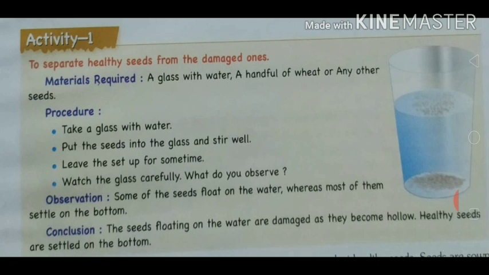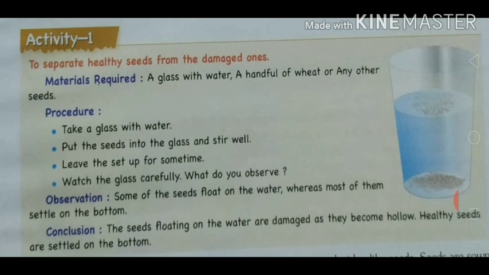Put all the seeds in a bucket containing water and stir well. Most of the seeds will settle down at the bottom, whereas some seeds will float on top. The seeds which sink at the bottom of the bucket are the healthy seeds. On the other hand, the seeds which float on water are the spoiled seeds. This can be explained as follows.